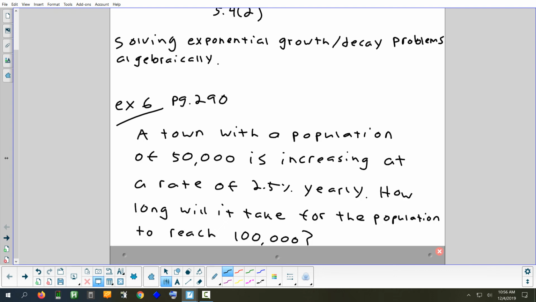All right, so here's the problem. We've got a town with an initial population of 50,000 people growing at 2.5% every year. How long before we reach 100,000 people? Or basically, how long for us to double? Okay, and I think the section we did this problem in was 5.1, when we talked about exponential growth and decay.